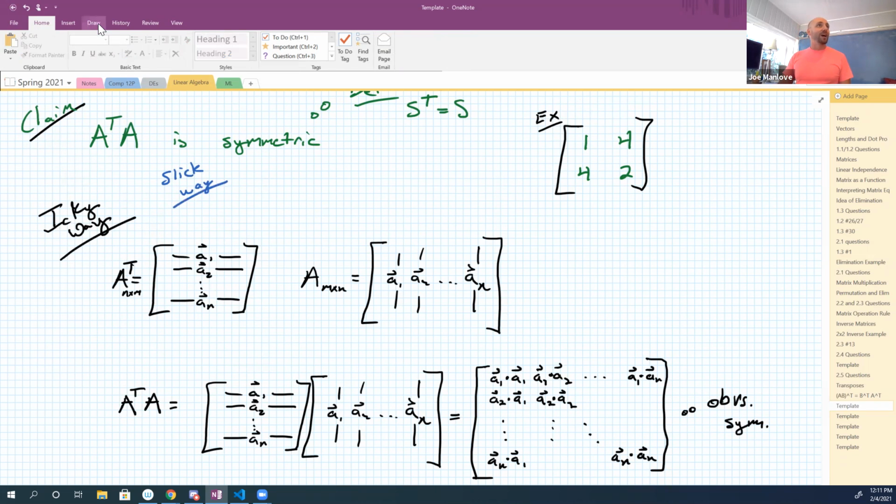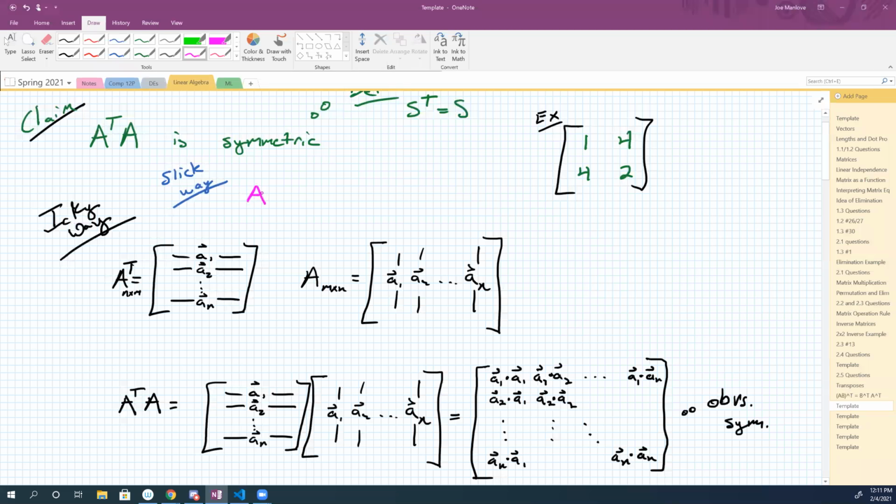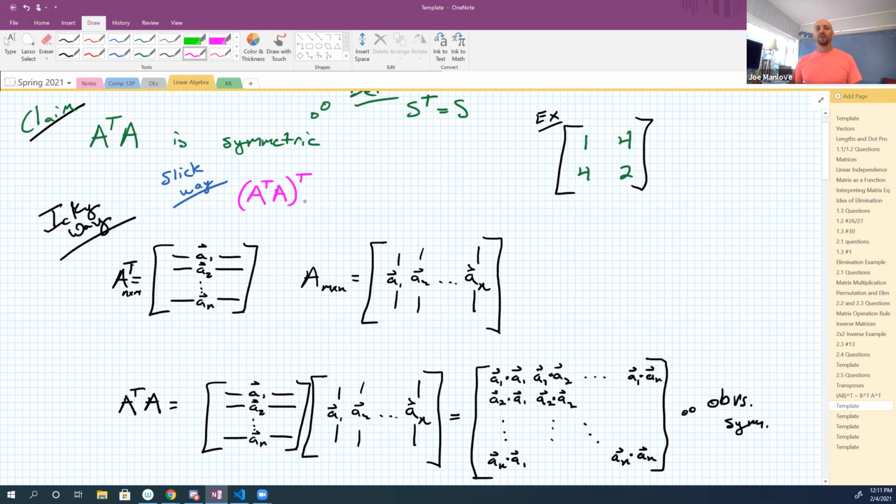All right, Karen, what do you got? It was like if we do the transpose of A transpose A, if it's equal to A transpose A, then it's symmetric. Good. So we're going to start with this, and then I want to transpose this product.